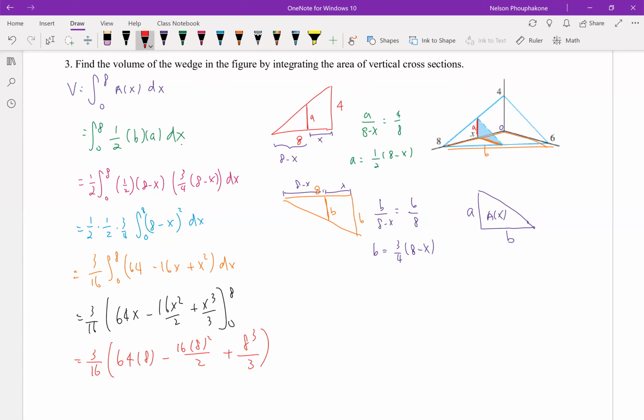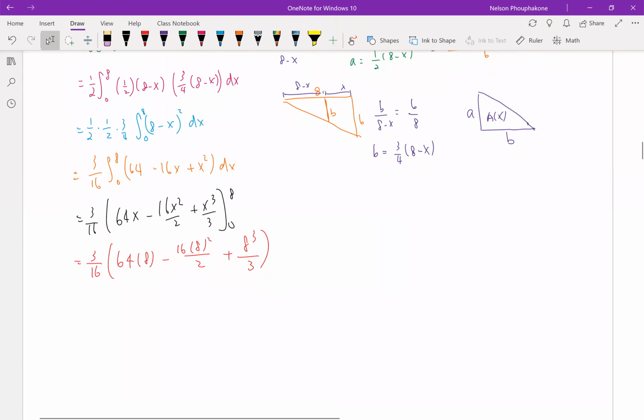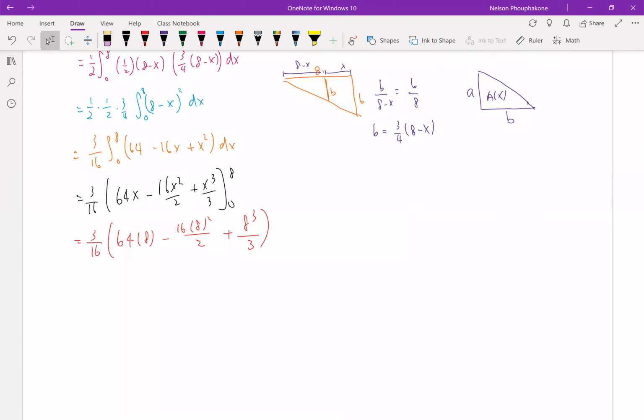Then what we could do is maybe use a calculator, right? Then we found out that the answer that we have is 32.